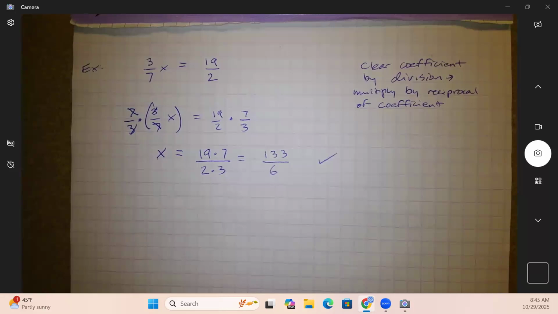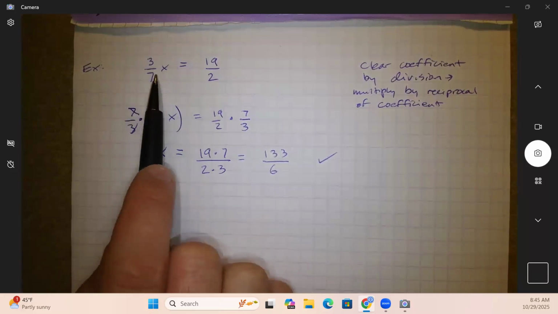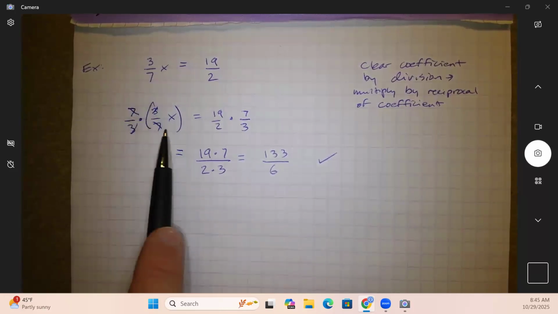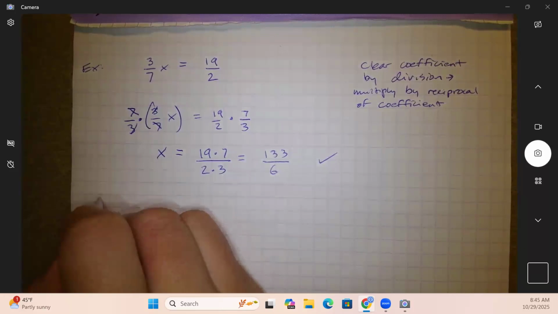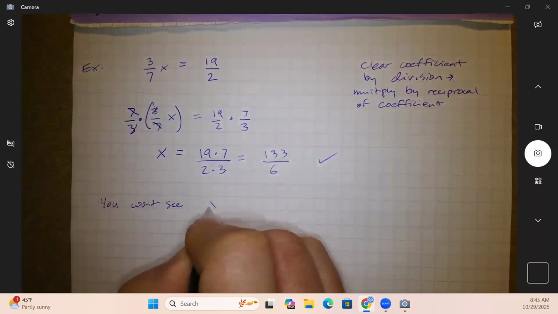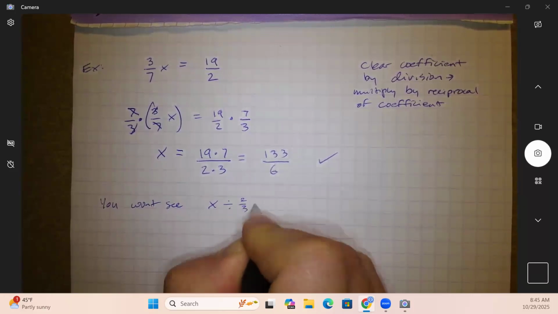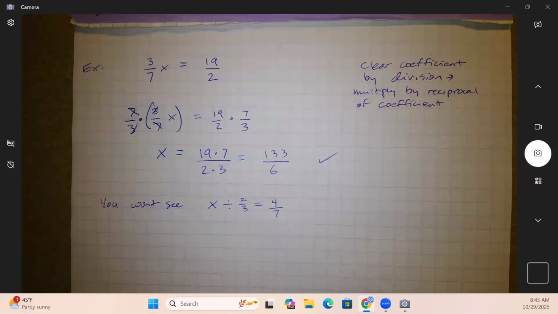Just like with the arithmetic itself, solving a one-step equation with fractions is easier when it's a multiplication, because it really is just multiplying by the reciprocal. And you won't see something like this: x divided by 2/3 equals 4/7. Nobody ever writes that.